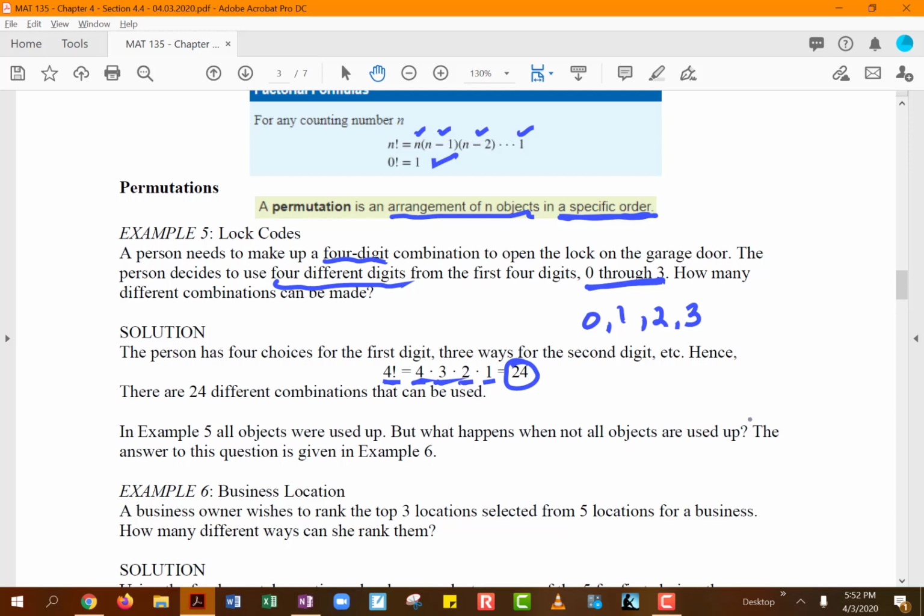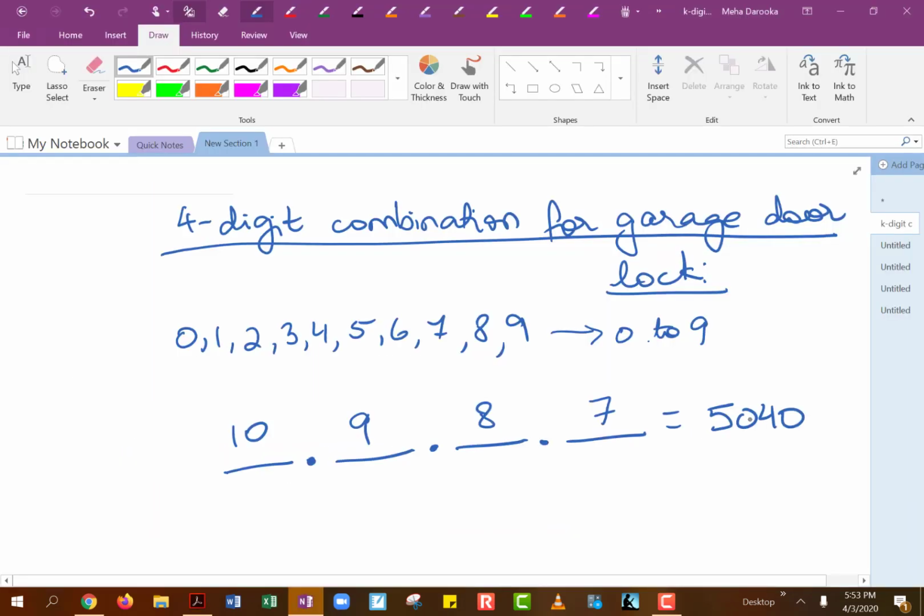Think about those 24 outcomes, how easy it's going to be for somebody to keep trying those different 24 outcomes and finally find one combination which would open that garage door, right? And so, not having repetitions and using the digits from 0 to 9, you end up with 5,040 different possibilities. Or you can say different combinations in this case.